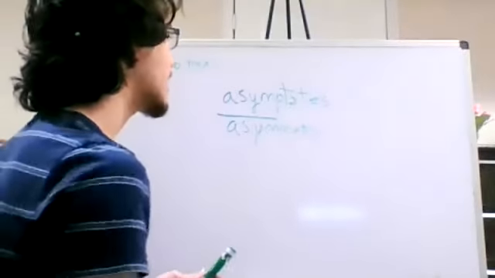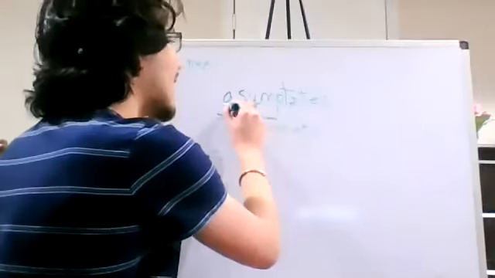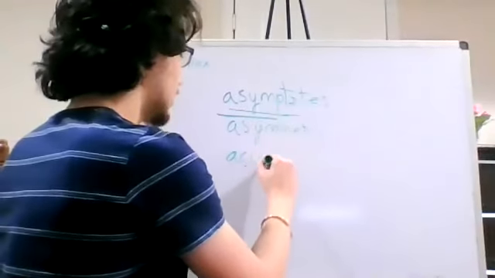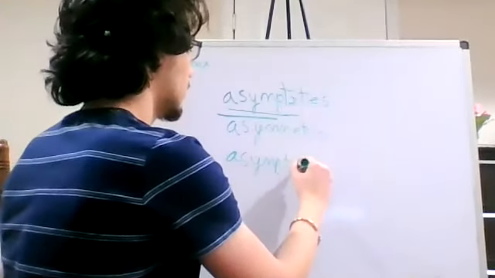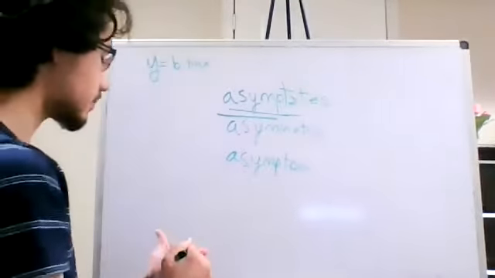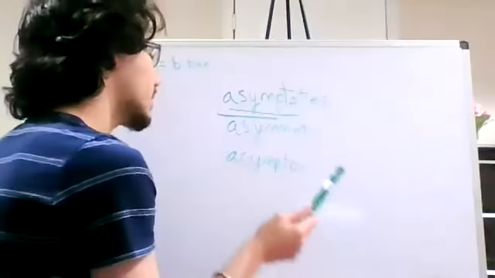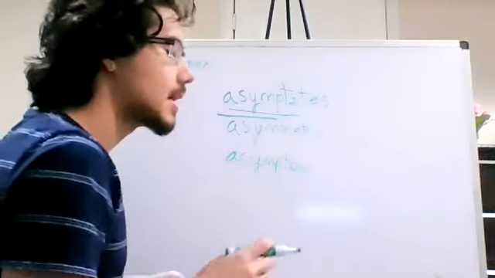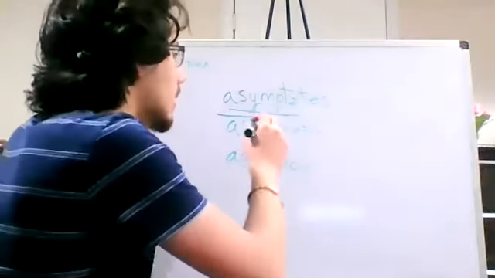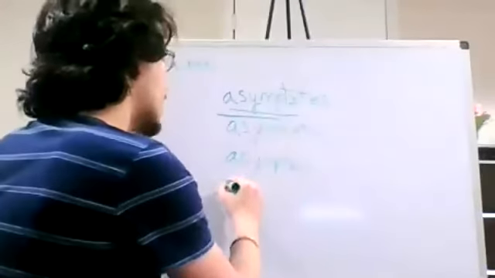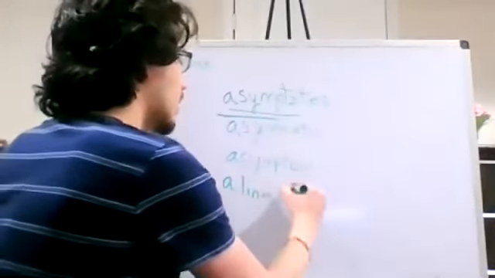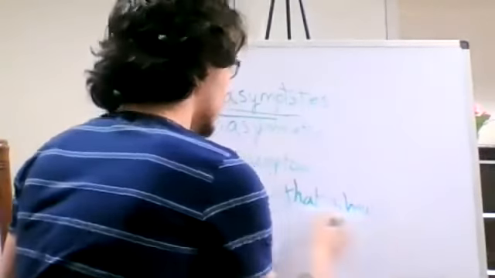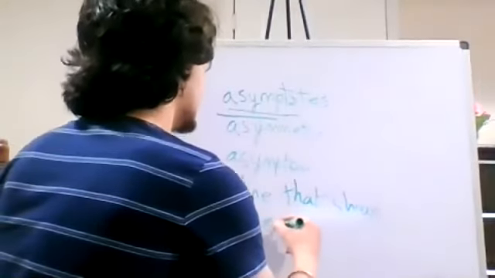So I think from here, or asymptom, this can refer to the fact that in the domain or the range, an asymptote is a line that shows where the function does not exist.